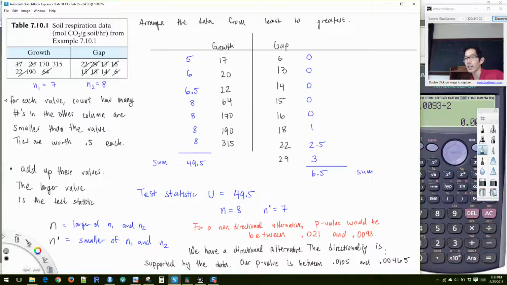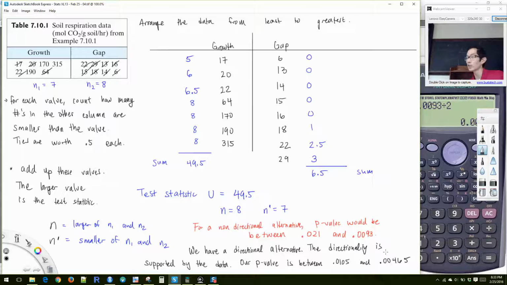You're not going to have 48.227 numbers in the other column. You'll really only have a whole number, except in the case of ties, where we've decided we're going to award half a point each. So this is how it goes.